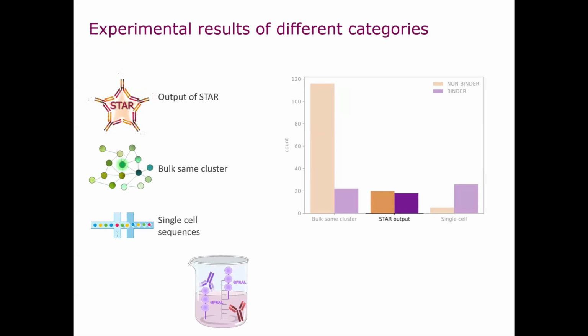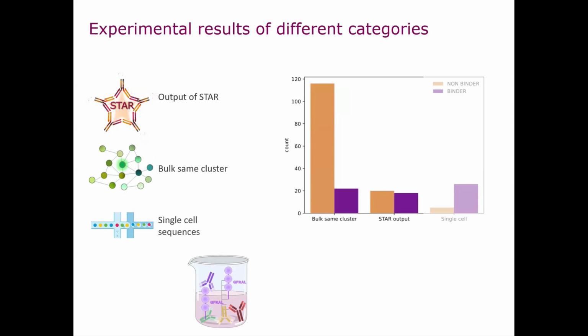Then the second criterion is what we call the bulk same cluster. Basically, we took some CDR3s of the heavy chain that were very similar to the sequences that were output of STAR, but they were not present in the paired dataset, and so we matched these sequences with the same light chain of the corresponding output of STAR.